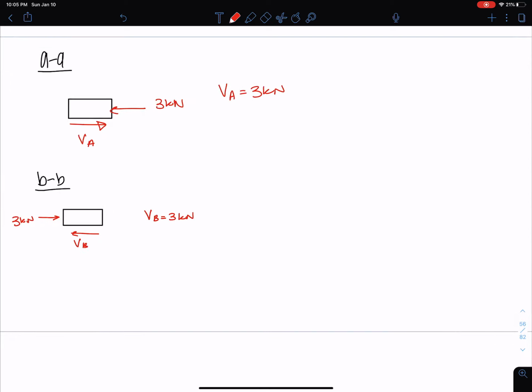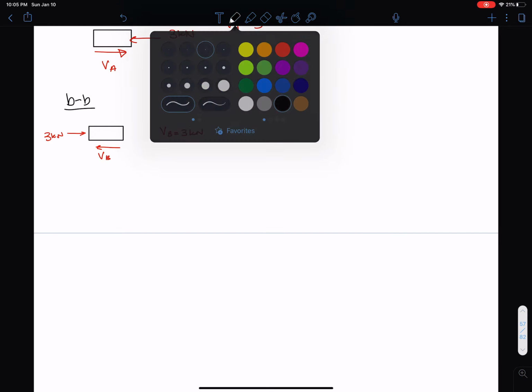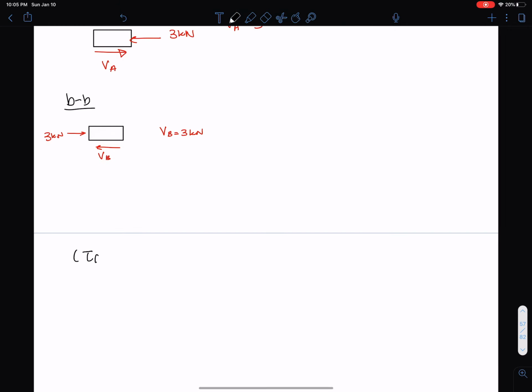Now, since I have VA and VB, all I have to do is plug in. My tau average for A equals VA over AA, and that's 3,000 divided by 0.1 times 0.15, and I get 200 kilopascals.